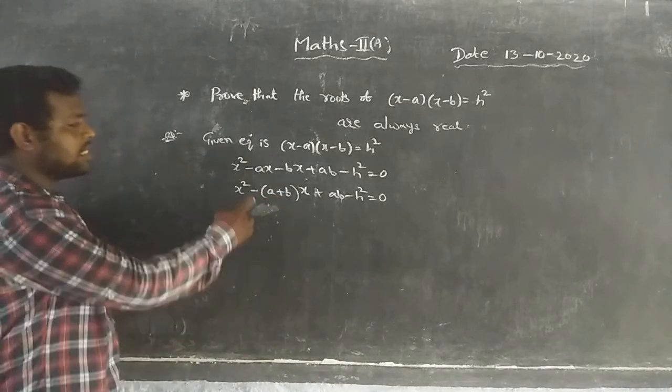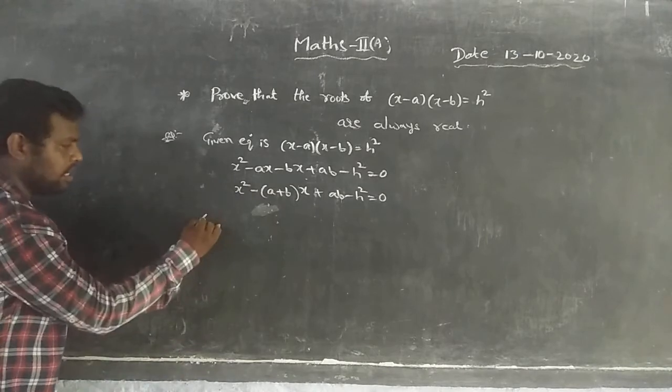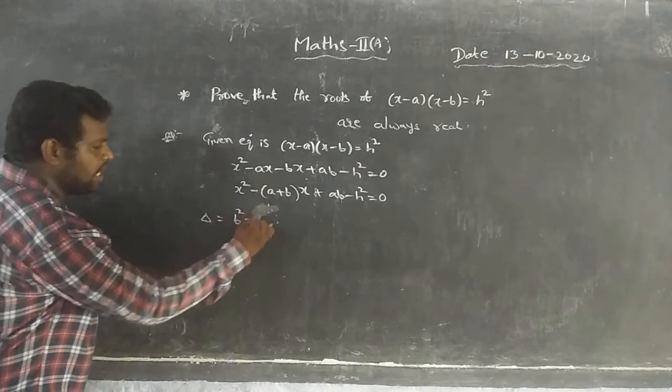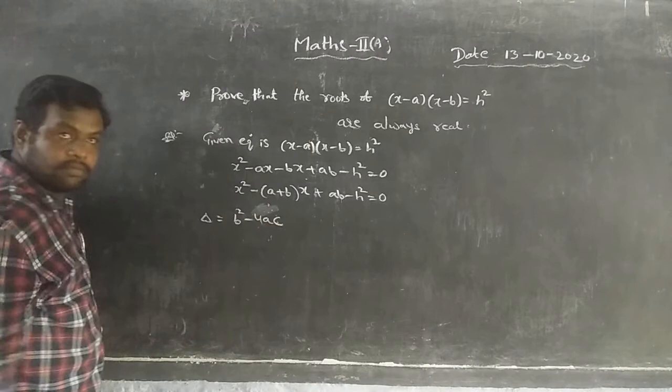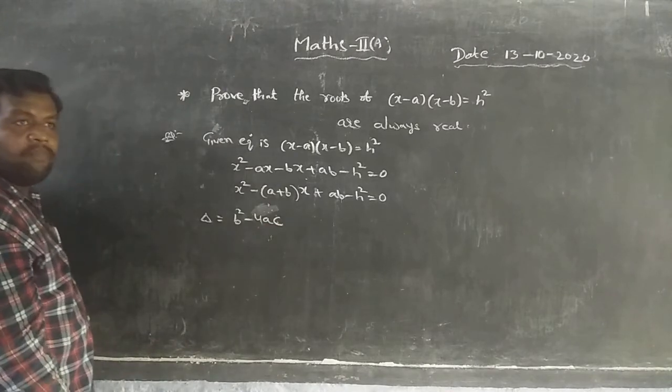Now we can find the discriminant of this equation. Delta is equal to b² − 4ac. Where, what is the value of b?